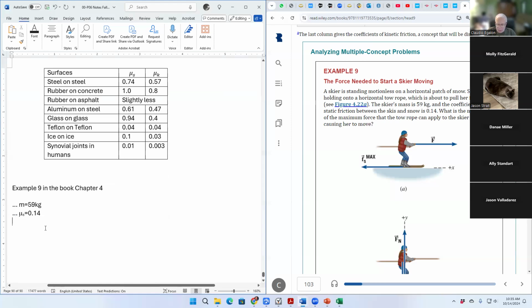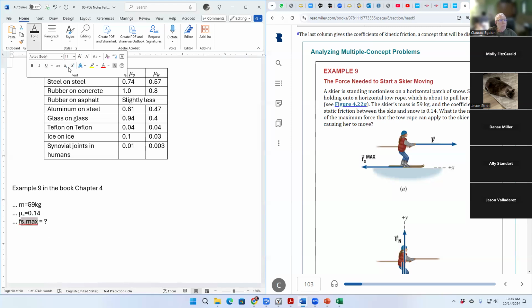Okay, so basically what he's asking us to do is to find the maximum value of the force of static friction. That's what she's asking us to do.